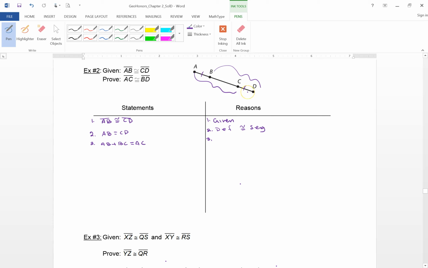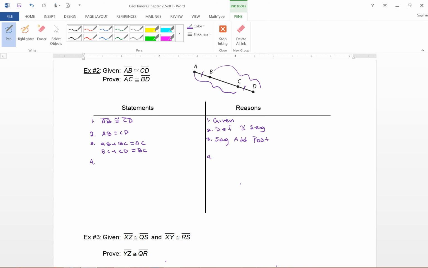Now I can also do the same with the other one. So what do I say for the other one? Right, BC plus CD equals BD. What is the reason? Segment addition postulate. Segment addition property?